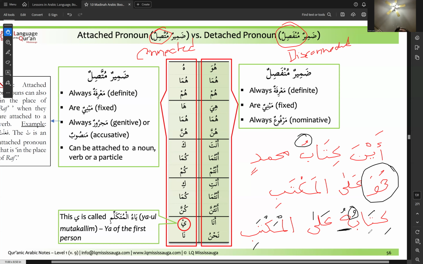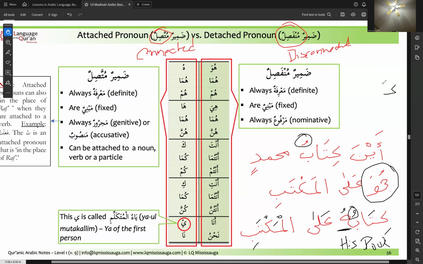Good. His. Who is his? What's his name? Muhammad. Very good. His book. Now, when you add a word to the end of a noun like this, it turns into mudaf ilayh.